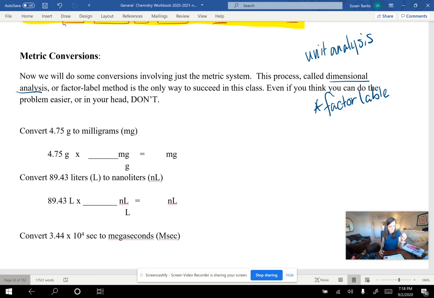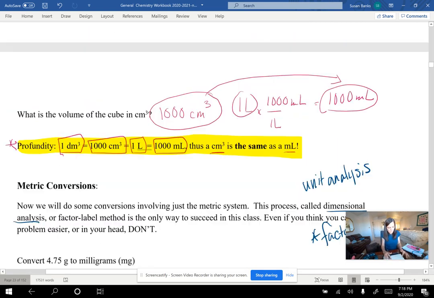Okay, so here we go. Convert 4.75 grams to milligrams. So the first thing I want to know is how many grams are in a milligram, or vice versa. How many milligrams are in a gram? So the first thing we have to look and see is which one is larger. So let's go back up to this chart.